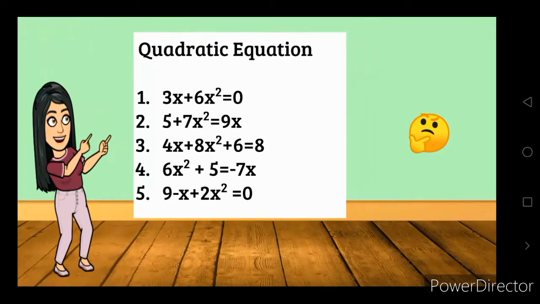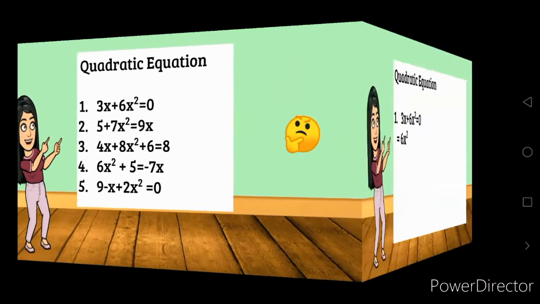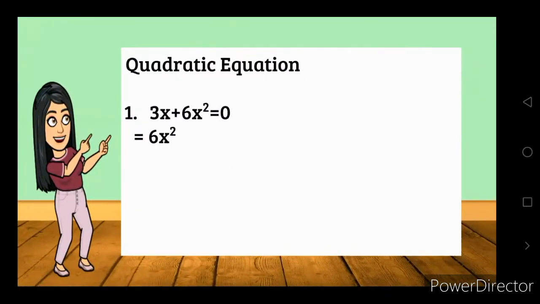Okay, here are the examples that we are going to arrange into standard form. We have 5 examples. So let's start with number 1. The first quadratic equation is 3x plus 6x squared equals 0.